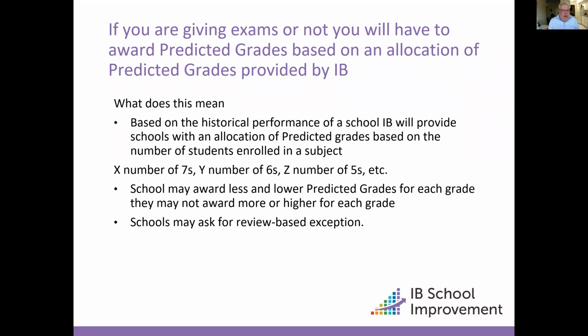But if you look at your allocations and go, it does not fit my current students, and I need to have some change in those allocations, IB will entertain the discussion of exceptions based on kind of 2 ideas.